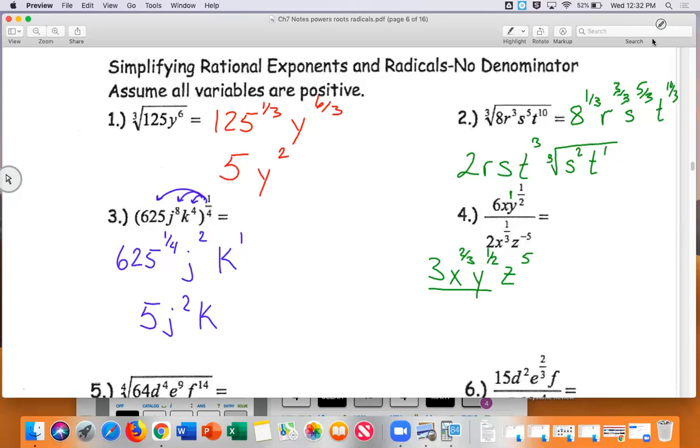Now, why did I not write it like number 2? Well, I can't really combine cube roots and square roots nicely. Like here, everything was a cube root. That was nice. It was easy to deal with. So I kind of left it like that. With number 4, I'm going to leave it like this as rational exponents. Okay? Any questions with that?